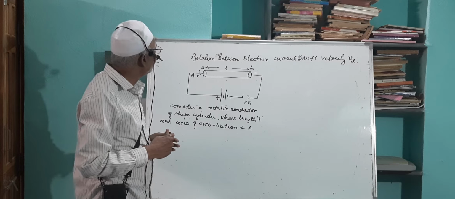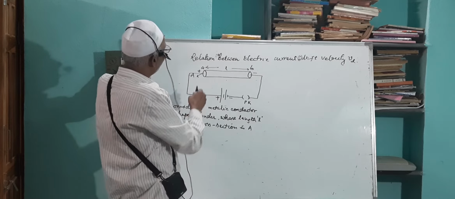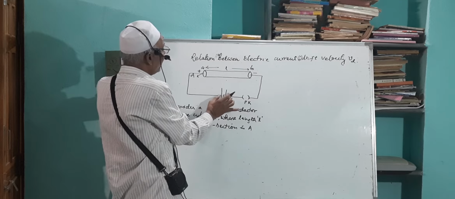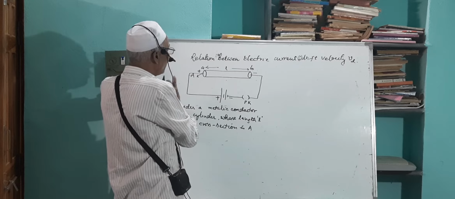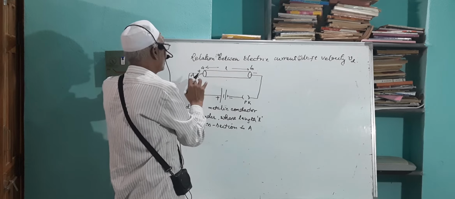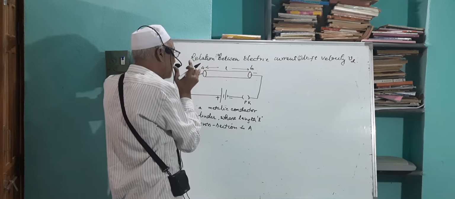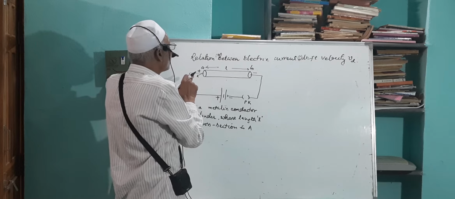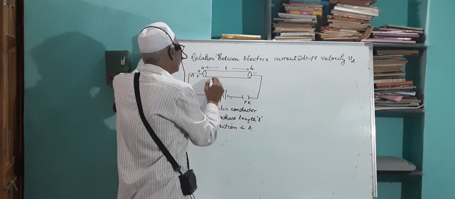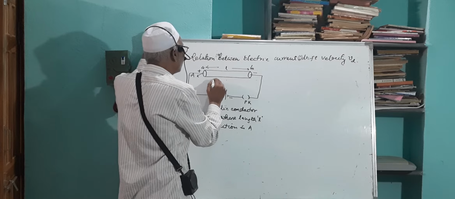So this is what happens as we connect the battery. As a result, potential difference is formed, and because of the potential difference, an electric field is set up in the conductor. Electric field is going to act in this direction.